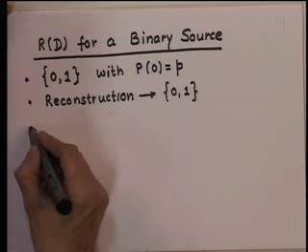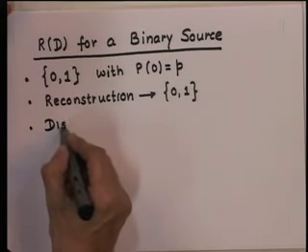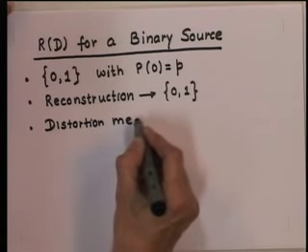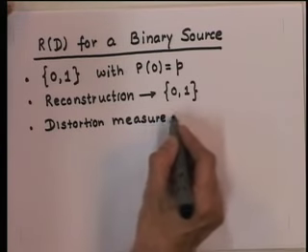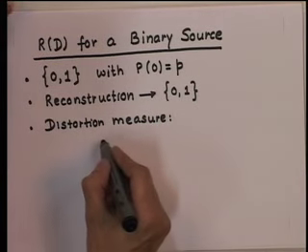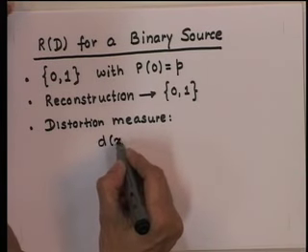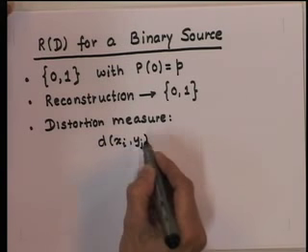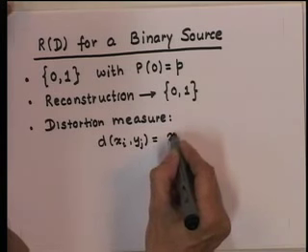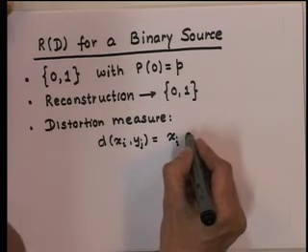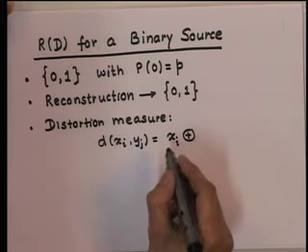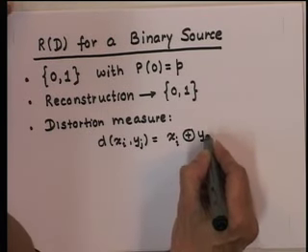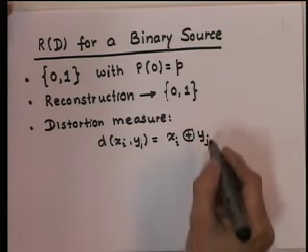We assume that the distortion measure is based on Hamming distance, that is d of x_i, y_j is equal to x_i modulo 2 addition or exclusive OR operation between x_i and y_j.